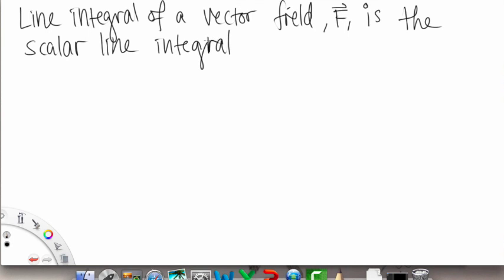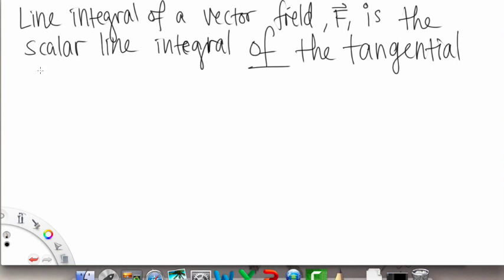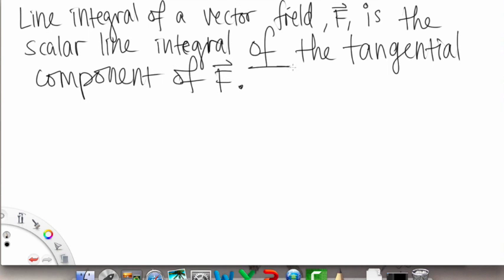So at this point it's like, okay, you just said that they're not the same because there's a key difference, but so this is the scalar line integral, and this is the crucial part here, of the tangential component of F. Okay, so this second part here is very, very important. Tangential component of F, because that basically tells you everything that you are doing when you take a vector line integral.